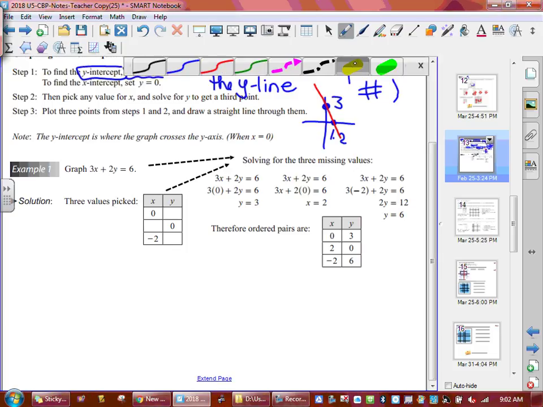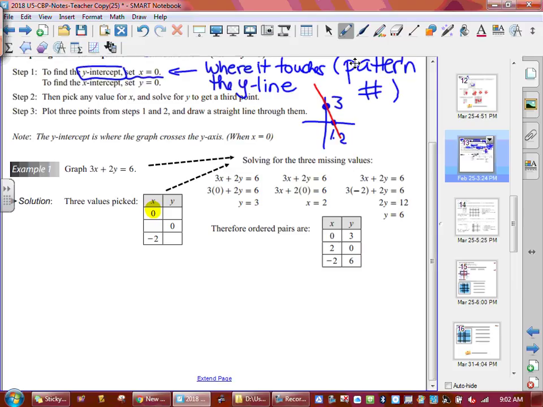They put in 0 for x at one spot, and 0 for y at another spot. They do that on purpose, so that we know where it touches the y line and where it touches the x line, and then we can join those points. That's why they're always making an x of 0 and a y of 0 at some point.